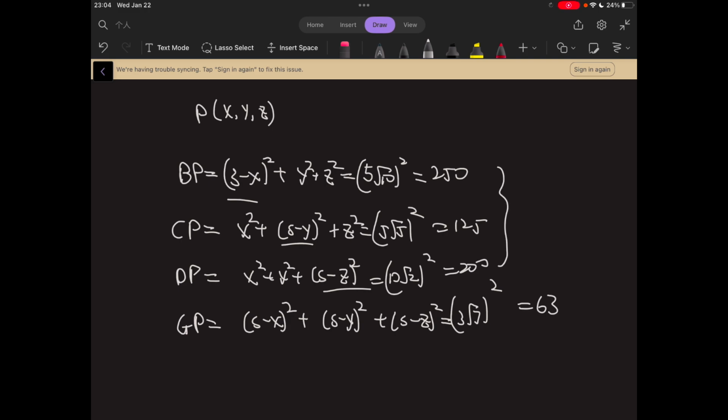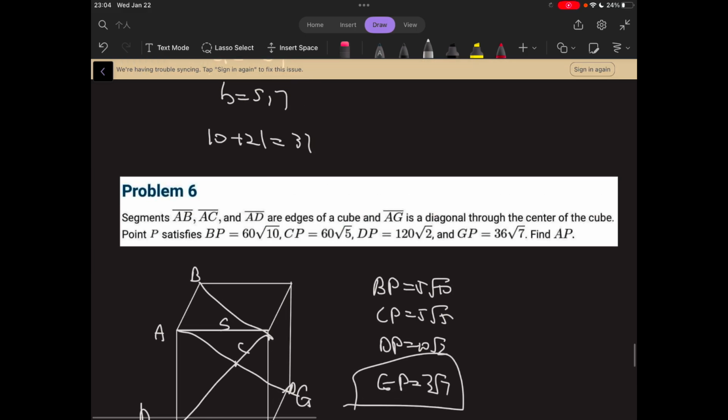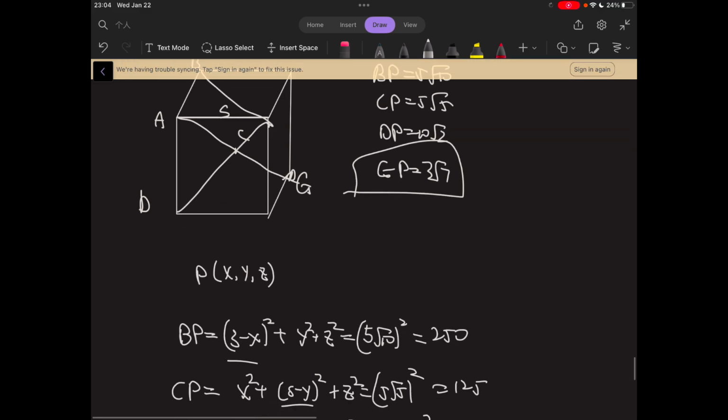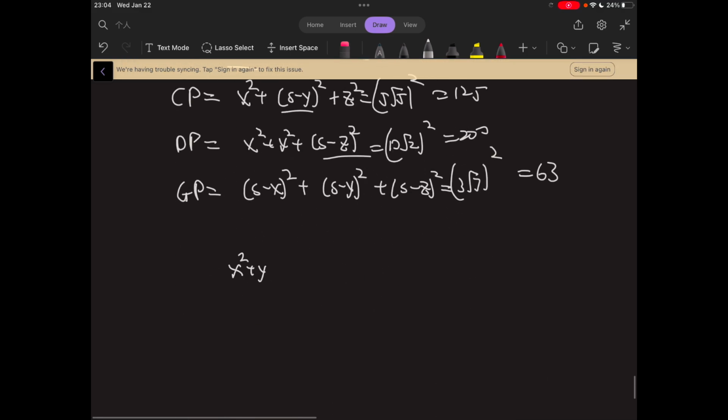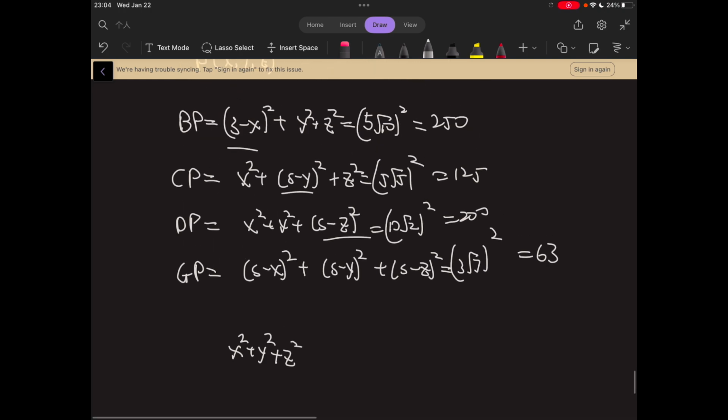Yeah. After this, what do we want to find? We want to find AP. What is AP? AP squared is just x squared plus y squared plus z squared. Alright, let's see. How could we get x squared plus y squared plus z squared?